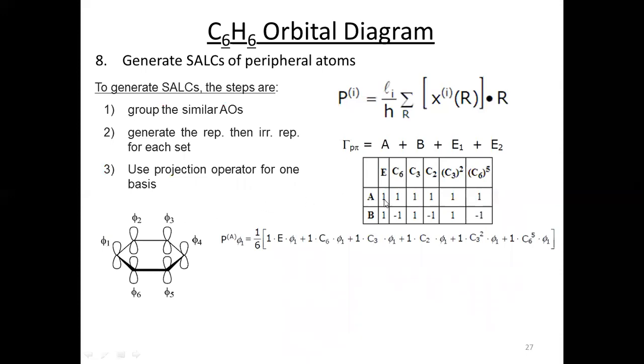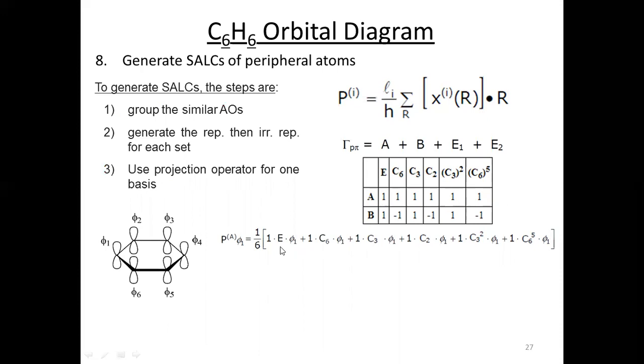This is your first character, 1, and here I'm applying E onto phi1. Then again this character is 1, and I'm applying C6 onto phi1. In the same way, this is your C3, the character is 1, and again I am applying the symmetry operation on phi1. I have done the same thing with the other characters also.